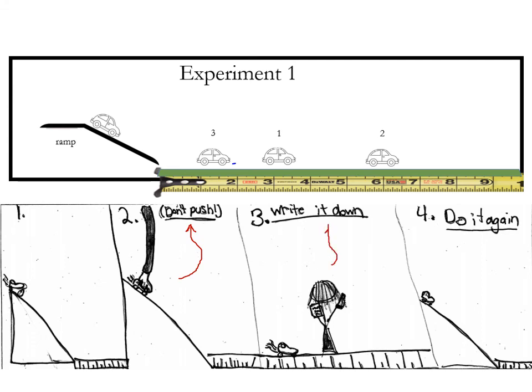Okay, write it down, do it again. Okay, so that's what we're going to get up to today. We're going to get our numbers, and then you'll be able to write everything down. We won't be finished yet, but we'll be very, very close.